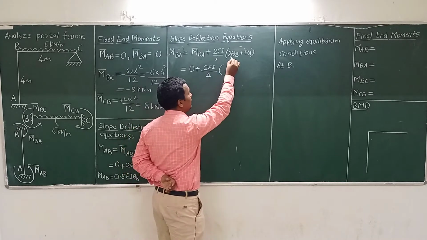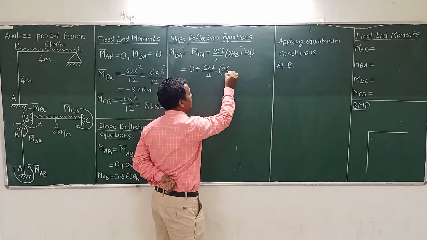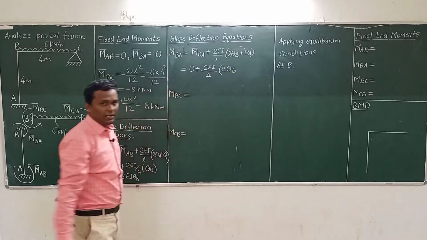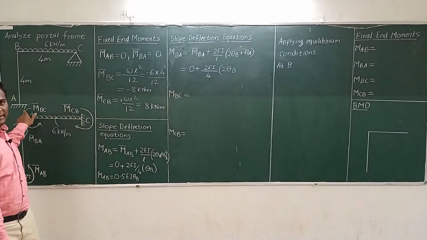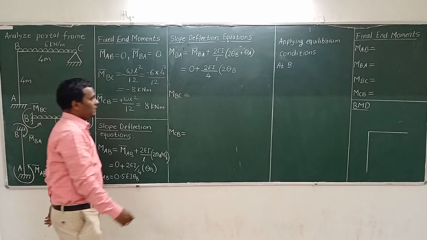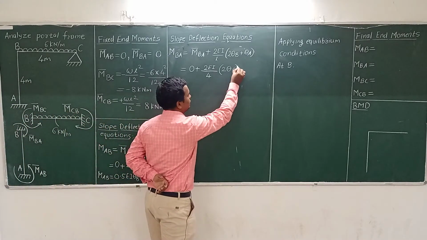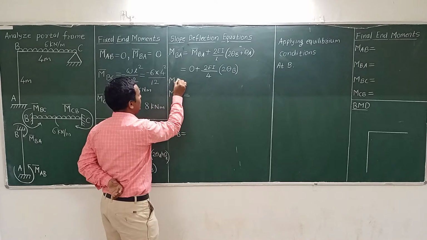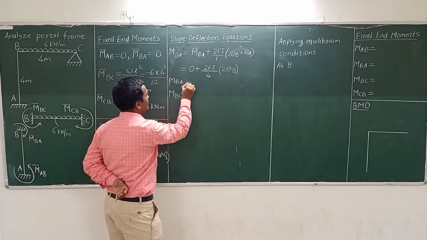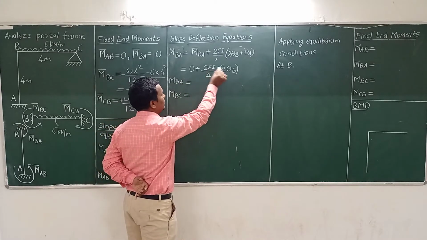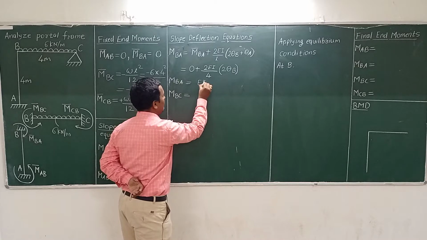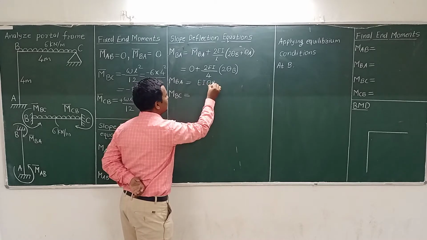Now in this case theta B is possible, so you can write down twice theta B as it is. And what about theta A? Theta A is again 0 as it is a fixed support. So now when you solve this, MBA will be equal to EI theta B.